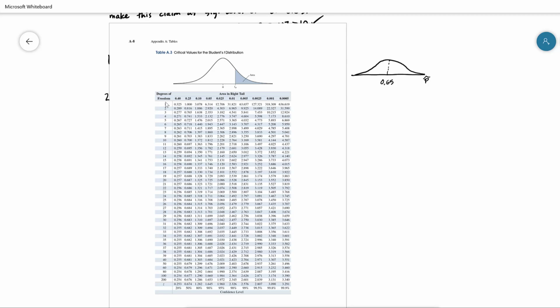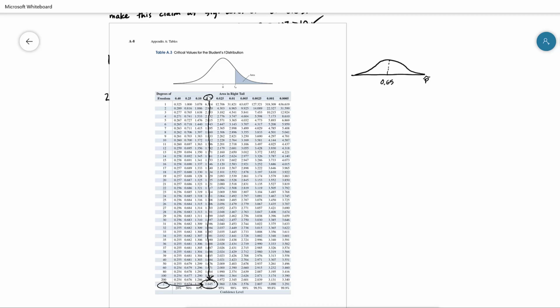I don't need to worry about degrees of freedom because we're dealing with the normal distribution. The area in the right tail is going to be this number right here, 0.05. So there's the number I want. We just need to go down to the row labeled Z, and that gives us the number right there, 1.645. That is going to be our critical value.